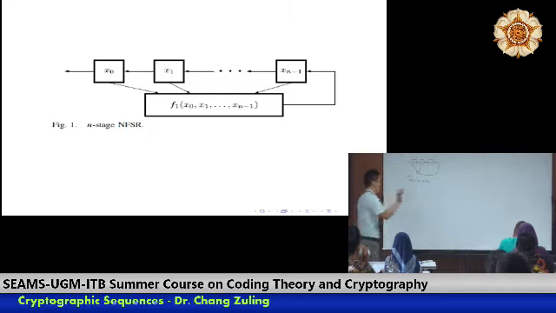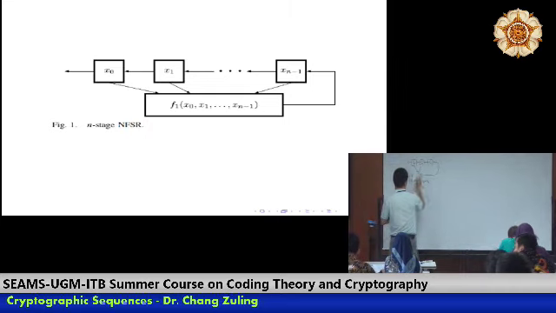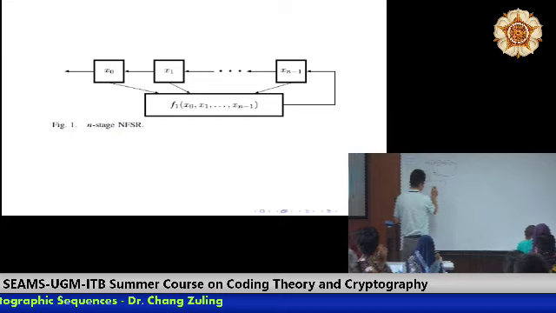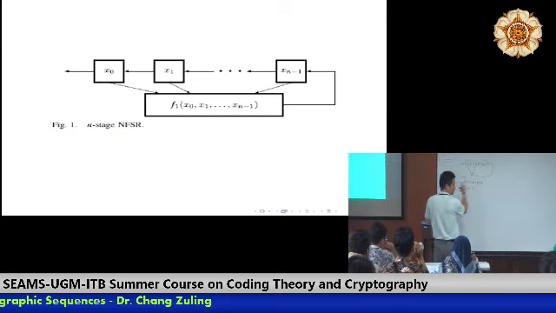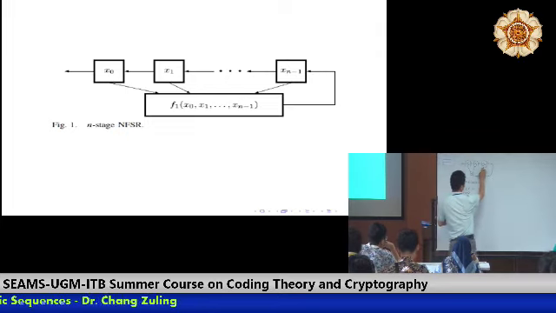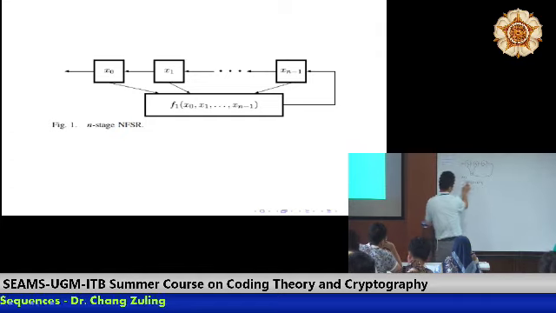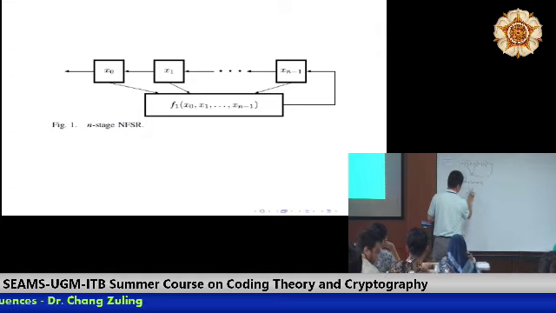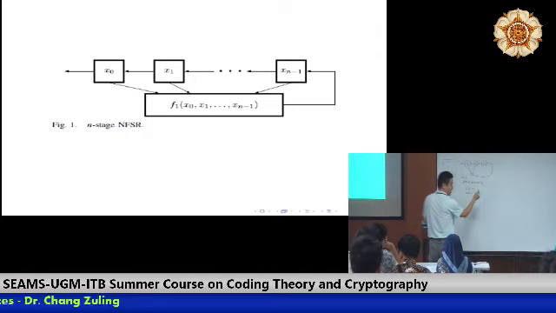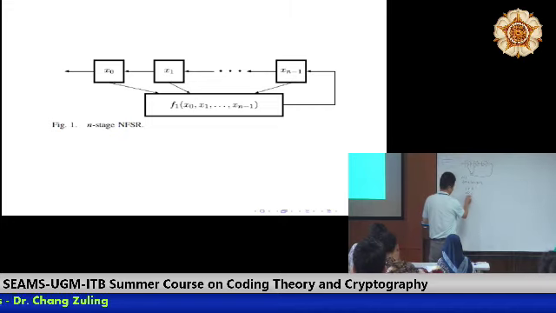We give an initial state, 1, 0, 0. At the next time, the 1 is output, so the shift to the left gives 0, 0, and this will be empty. By the feedback function, x0 plus x1 will be 1. That is the next state.